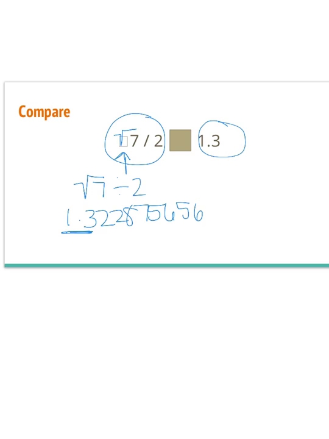So I need to know that there can be a 0 at the end. So this is like $1.30. Now if I cut it off and all of the rest of this goes away, I have $1.32 on the left, or 1 and 32/100 compared to 1 and 30/100 on the right. So my answer is this is greater than 1 and 3/10.